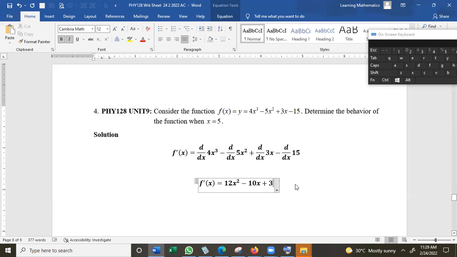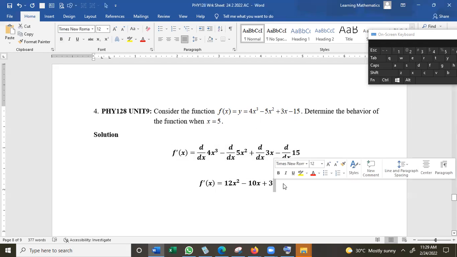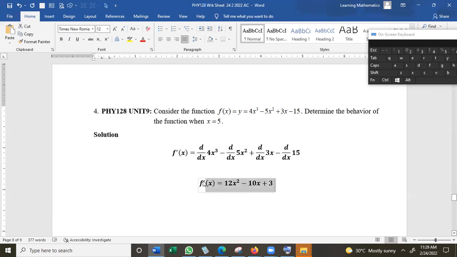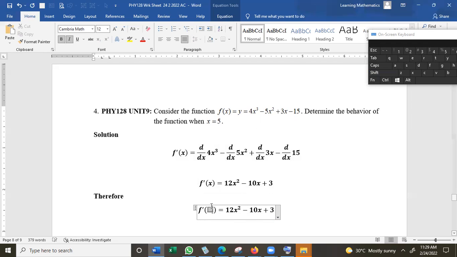Therefore, you find f prime of 5, the gradient of the function when x is equal to 5. So all you see is x, you substitute 5 in the gradient function, and then you evaluate.